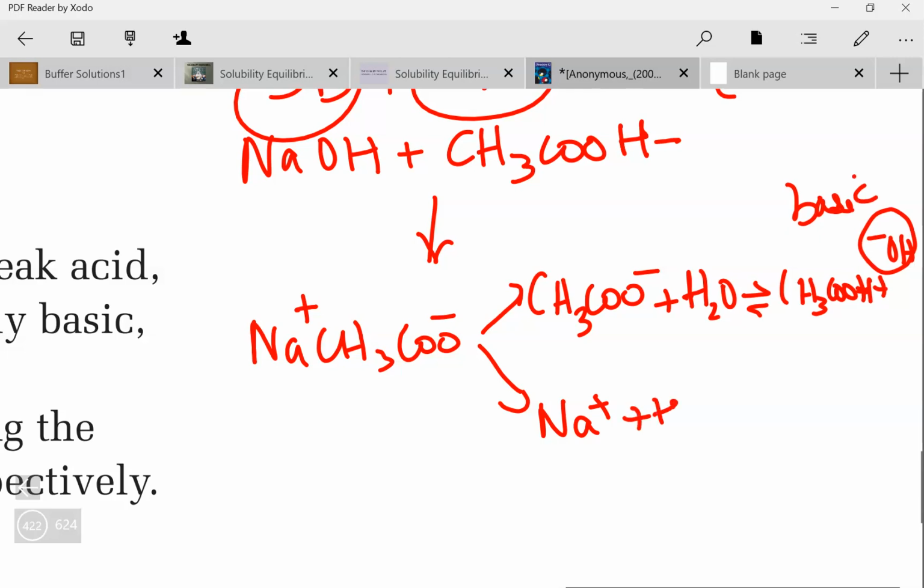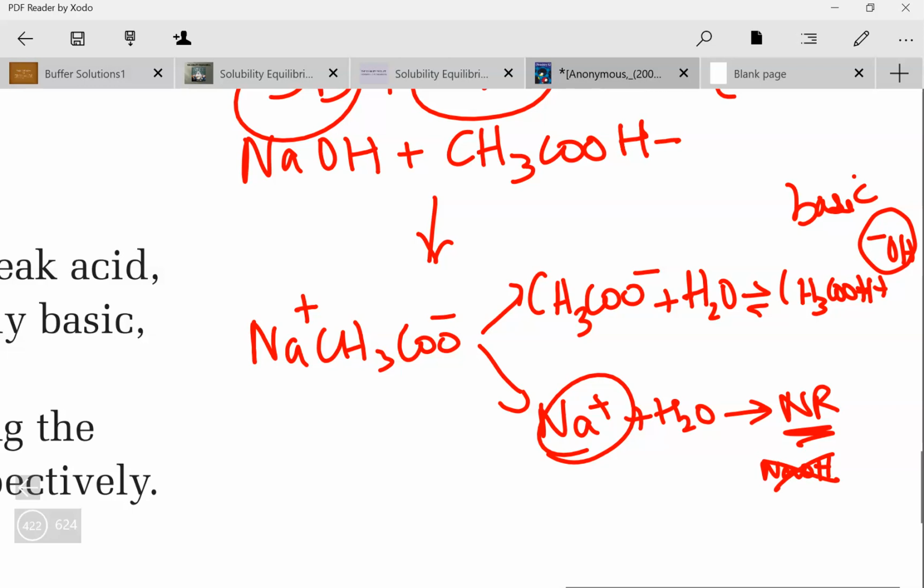Na plus plus water, we've seen before, basically results in no reaction, because this is a conjugate acid of a super strong base. Therefore, it's a super weak acid. So therefore, it does not react in water to give any reaction. Because if I were to write a product, it would be NaOH.